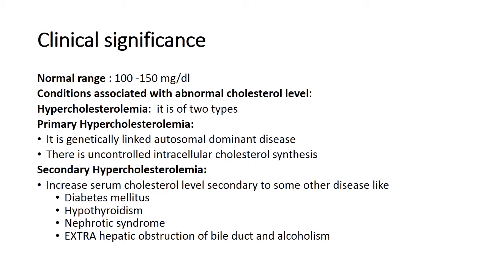While in secondary hypercholesterolemia, as the name indicates, the increased serum cholesterol level is secondary to some other disease like diabetes mellitus, hypothyroidism, nephrotic syndrome, extrahepatic obstruction of bile duct, and alcoholism.